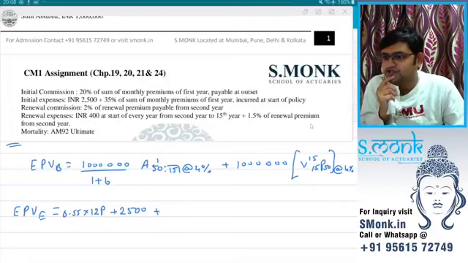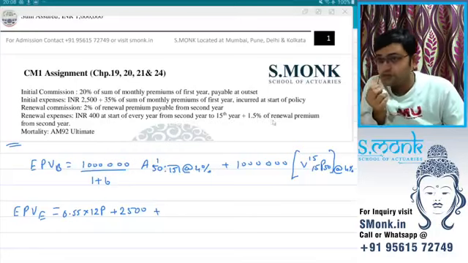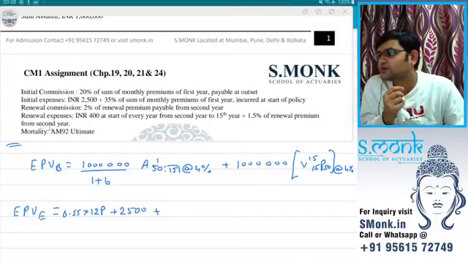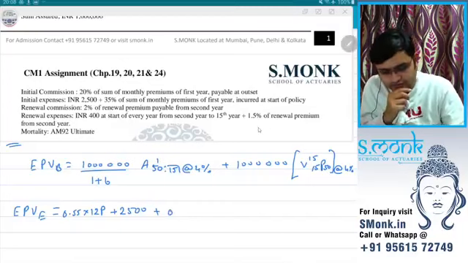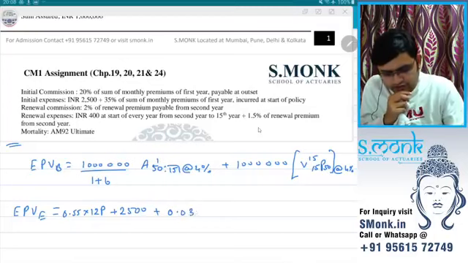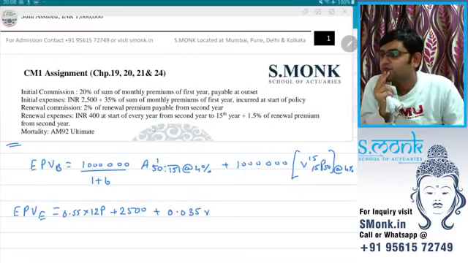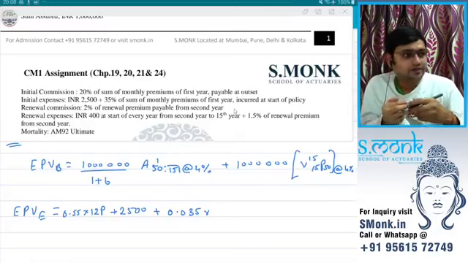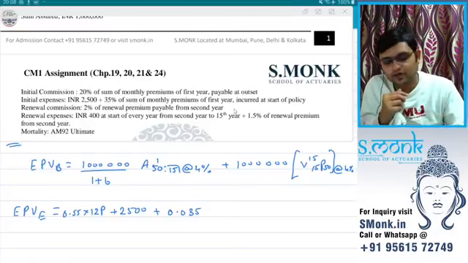We'll just see if there is more here as well. 400 at the start of each year from the second year to the 15th year, and here 1.5% of the renewal premium from the second year. So we'll just add these two, so we have 0.035 of renewal premium from the second year. In both of these cases we have renewal premium from the second year, so we'll be removing the complete premium of the first year.